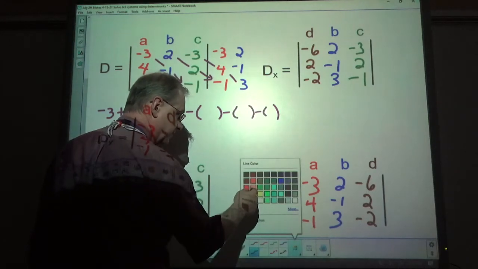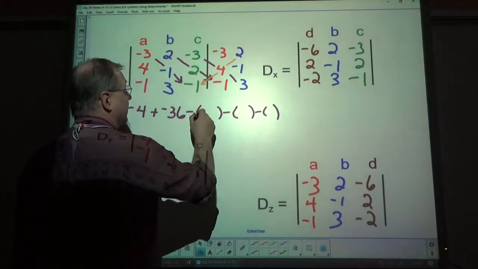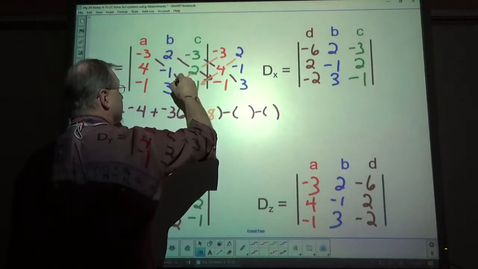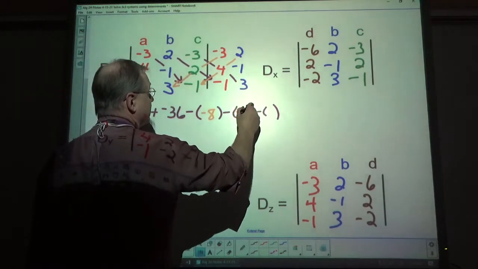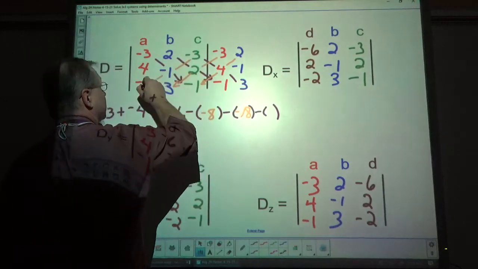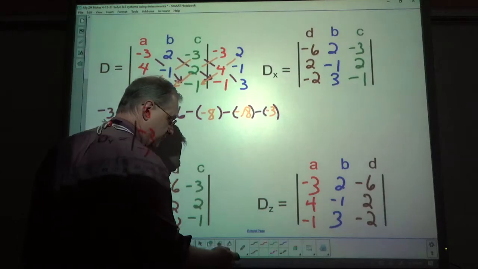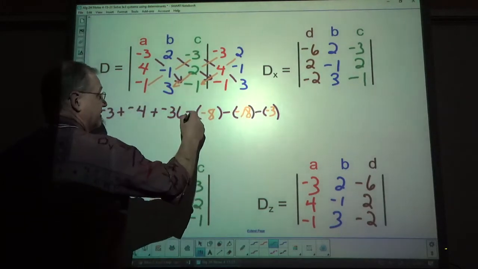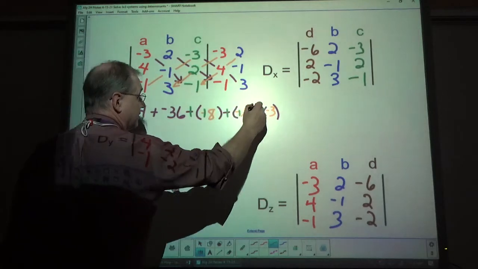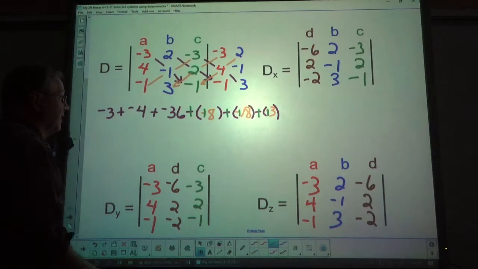Need a different color here. All right, 2, 4, -8. 3, 2, 3, -18. And -3. All right, there's my values. Anything that has double signs, like this one, this one, this one, they all did, all those subtractions become positive when I get rid of the double sign.